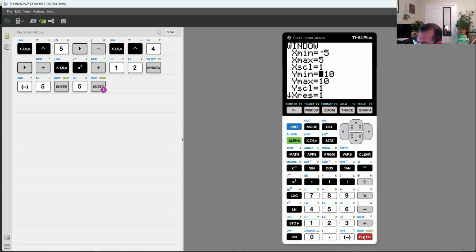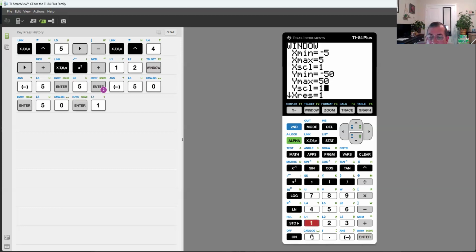My Y minimum was a negative 50. My Y maximum was a positive 50. And then they said on the Y scale, go by 10. So the X scale and Y scale is how much is in between each tick mark on that graph, okay?